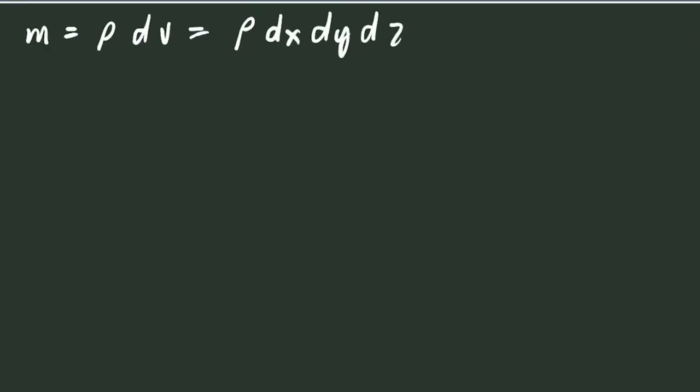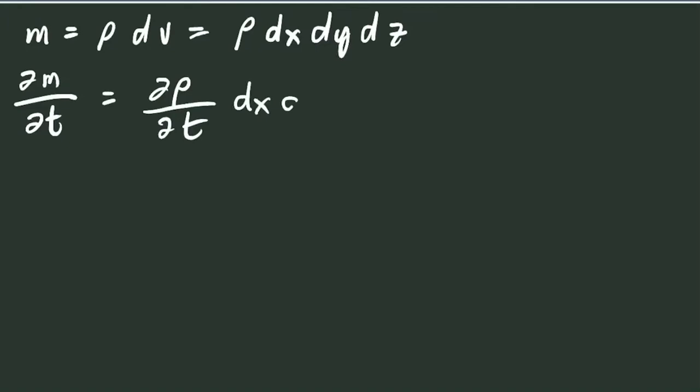You have your m is equal to rho dV, that's equal to rho dx dy dz, and your change in m is equal to the partial of rho with respect to t times dx dy dz.